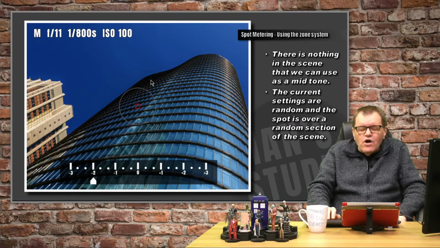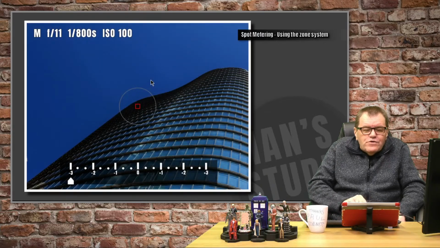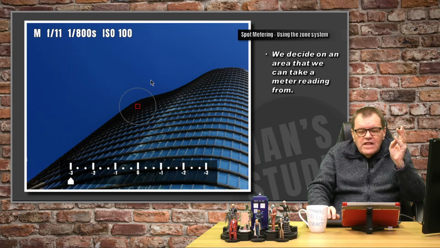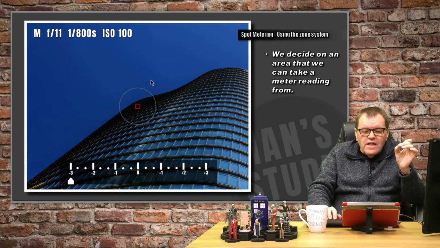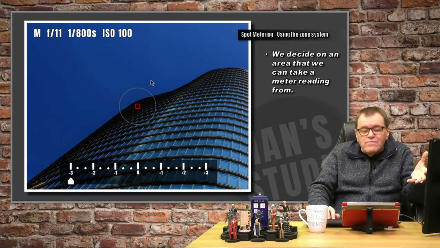So in terms of Ansel Adams and his zone system, it would be zone 4 as opposed to zone 5. So what do I do? Well, I temporarily zoom in on that area to get my focus point over that section. And I can effectively then use that to take a meter reading.